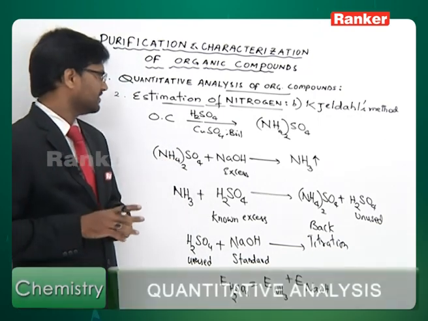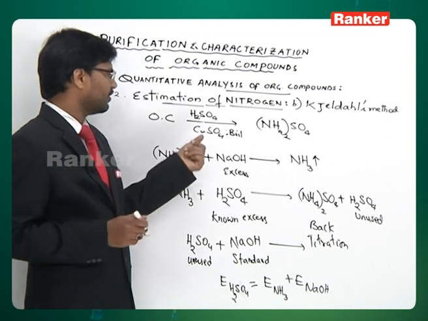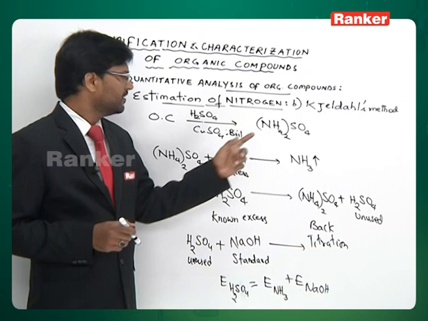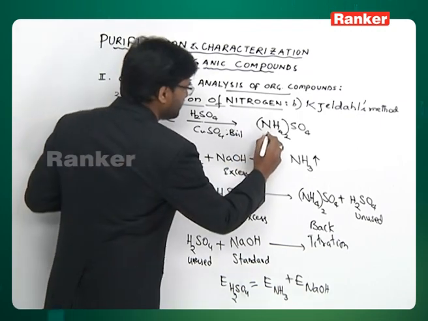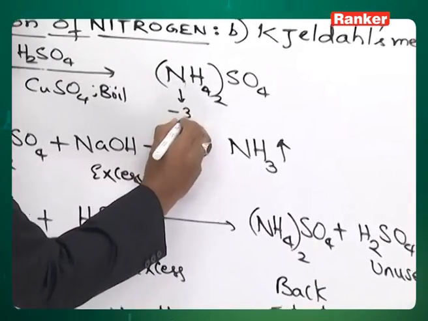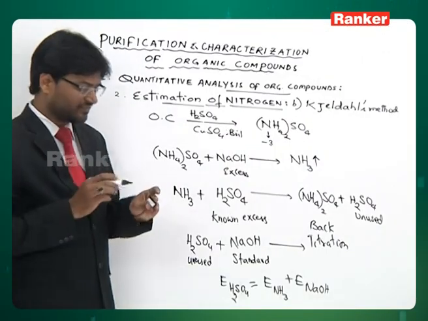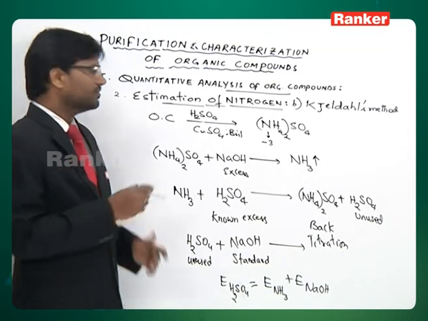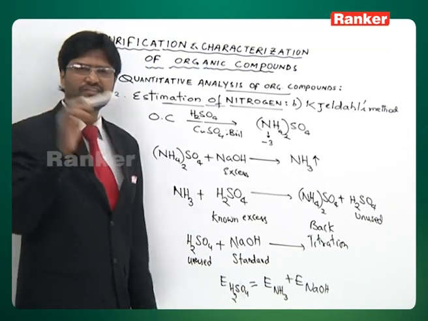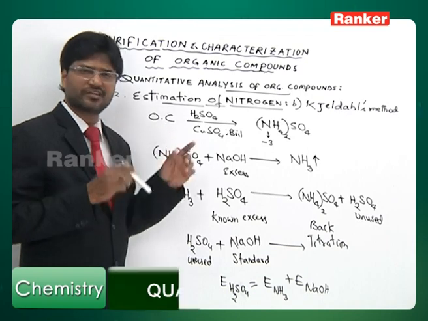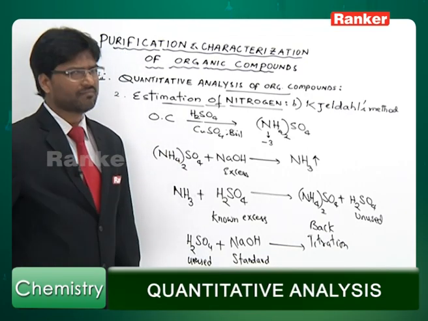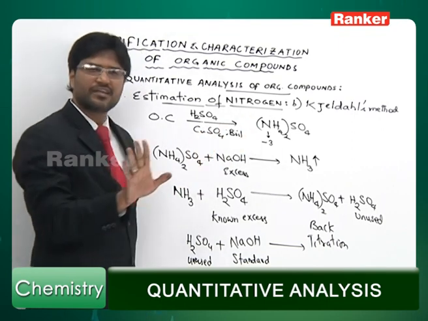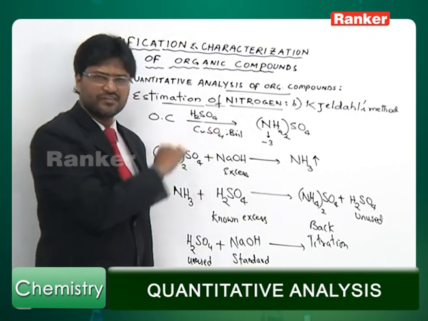Try to realize that we are not using any reducing agent in this experiment, whereas here oxidation state of nitrogen is -3. It's the minimum oxidation state for nitrogen, and remember, we are not using any reducing agent. So that means the original oxidation state of nitrogen in the organic compound also must be -3, because if it is -3, it continues to remain -3 as we are not using any reducing agent.